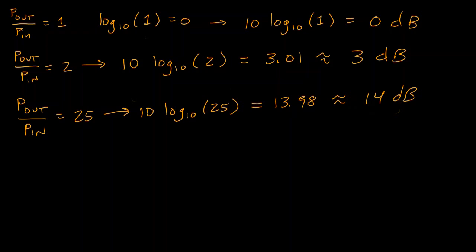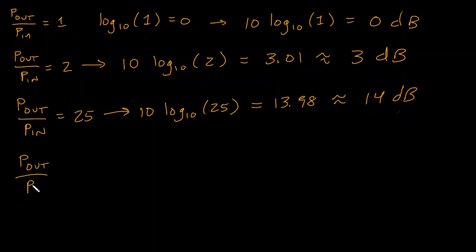So in the case of 1, we had 0 dB. In the case of 2, we had 3 dB. But now we see, because of the logarithmic nature, when we go to 25 unitless, we've only gone up to 14 dB.